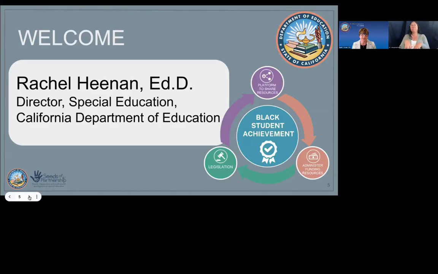And today's session is especially meaningful. We're intentionally centering the voices, lived experiences, and leadership of Black and African American students with disabilities, families, communities, experts, including a critical perspective of focusing on the voice of students themselves.